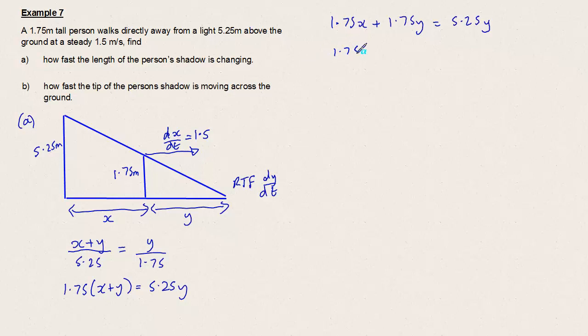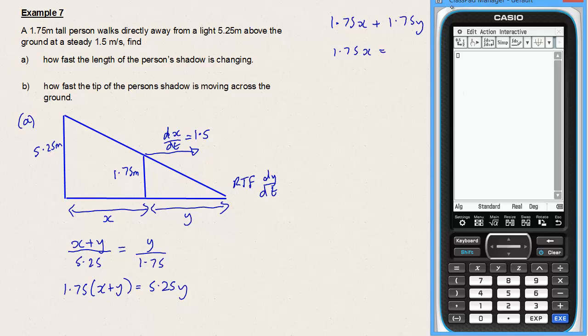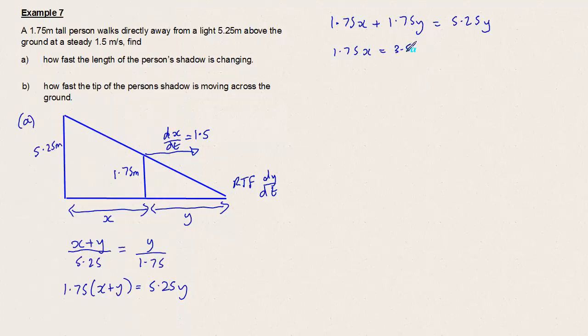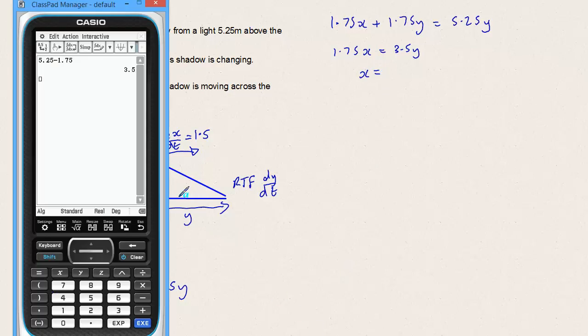So 1.75x would be equal to 5.25 take away 1.75, so that's going to be 3.5y, and divide both sides by 1.75, so divide that by 1.75, and that's equal to 2.